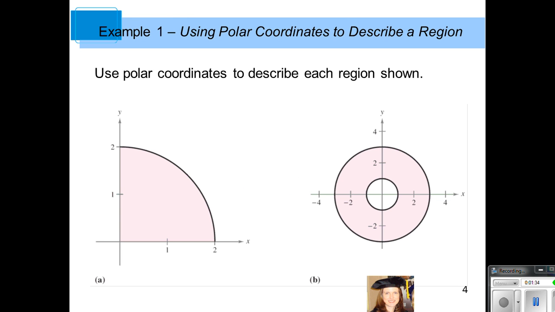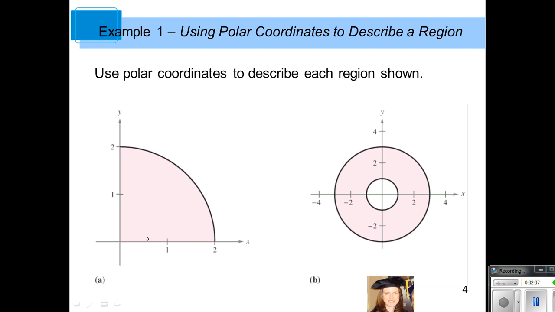So let's look at these regions and use polar coordinates to describe each of these regions. For the first region, you have just this quarter of a circle in the first quadrant. And when you think of the radius and the angle that go into this region, you can think of a smallest radius starting from the origin out to the largest radius, in this case 2.